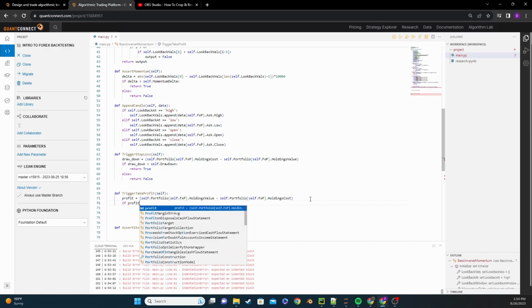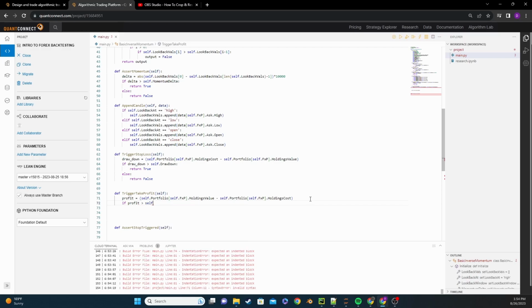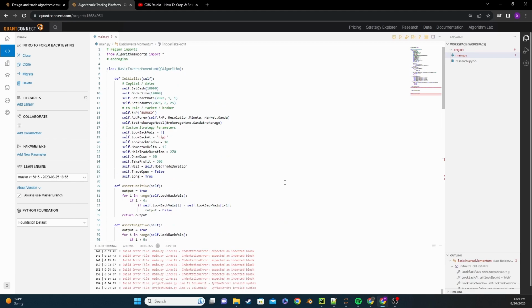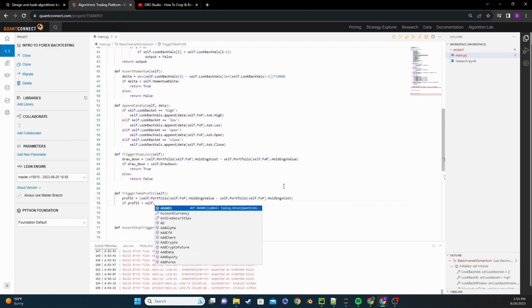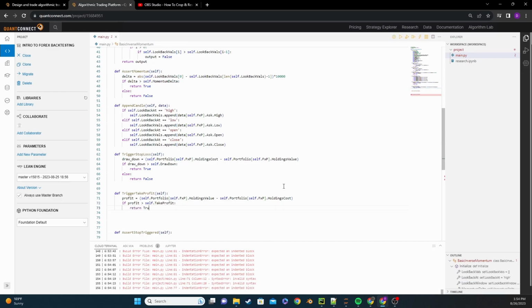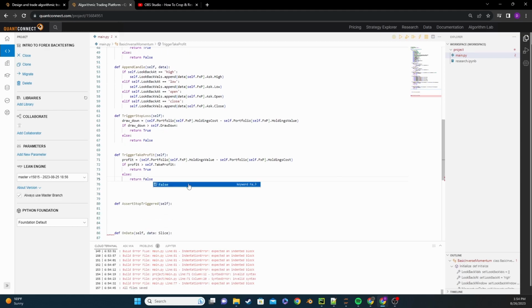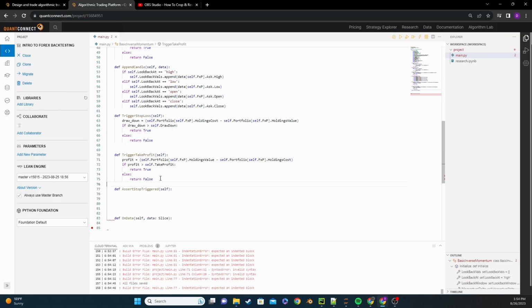And then if it's too good of a profit, which we called take profit, close trade basically, and if not, don't close trade. Okay, so these two functions are done.